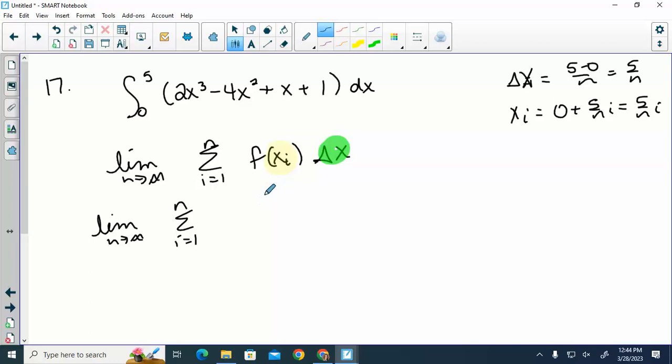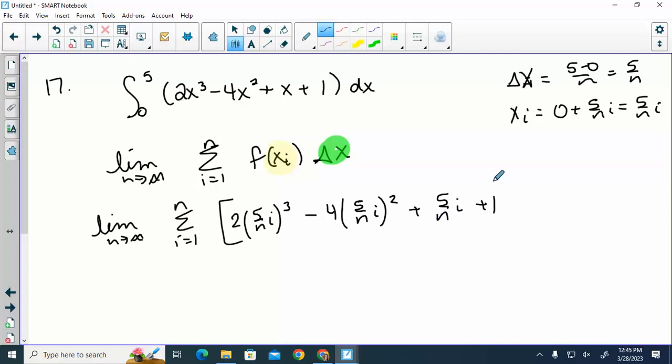So f of x sub i says you go to your function. You replace x with x sub i. So we have 2 times 5 over n i cubed minus 4 times 5 over n i squared plus 5 over n i plus 1.